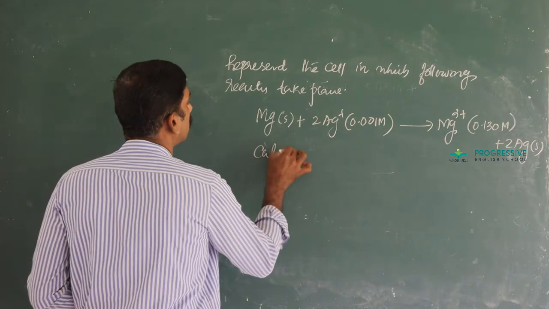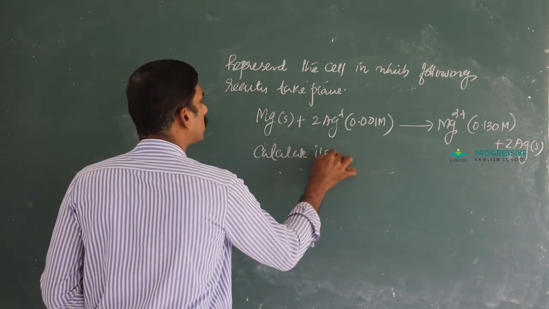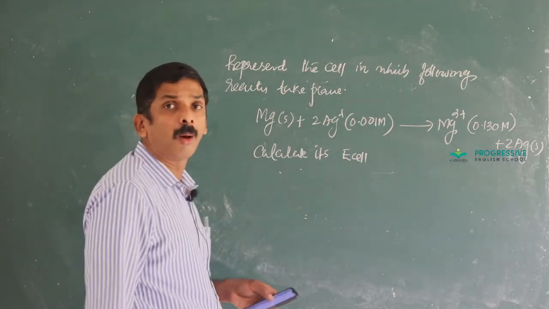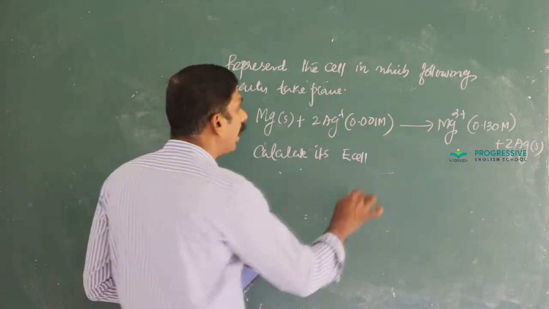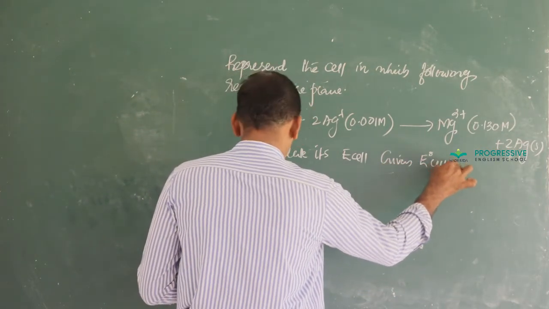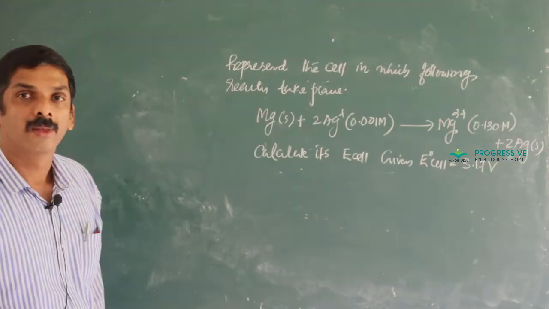Calculate its E cell. You have to find out the electrode potential of the cell, and given E0 cell equal to 3.17 volt.